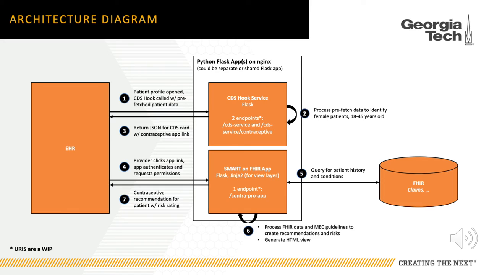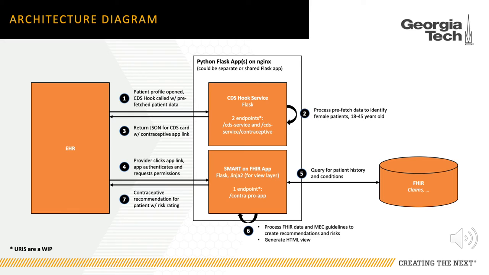First, we start from the EHR, and when a patient record is opened, that's when the CDS hook determines, based on prefetched data, whether that patient is a female aged 18 to 45. If that patient qualifies, the JSON is returned for the CDS card, and there's a link provided for the Contraceptive Pro app.